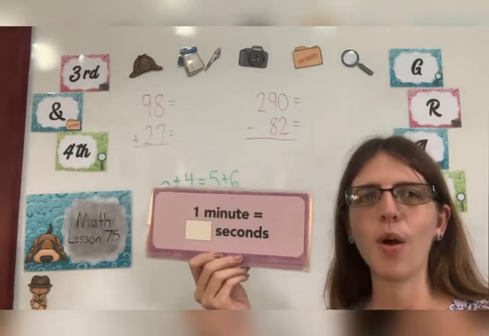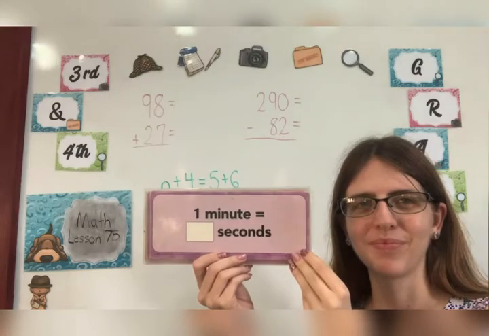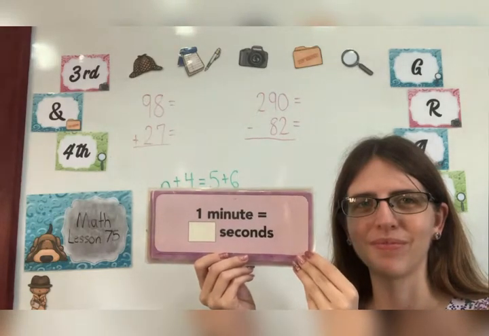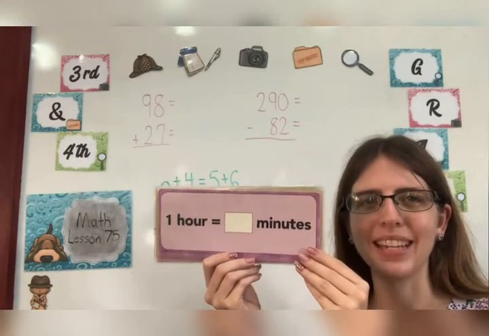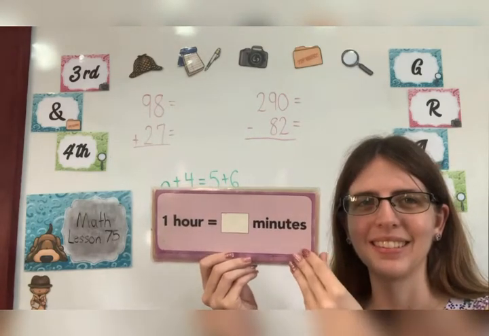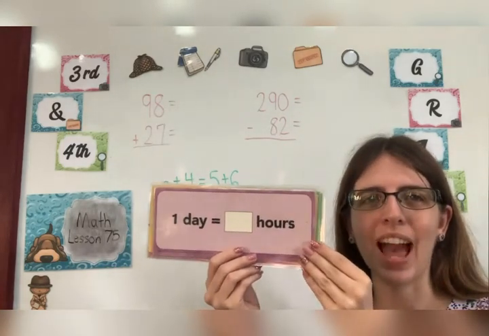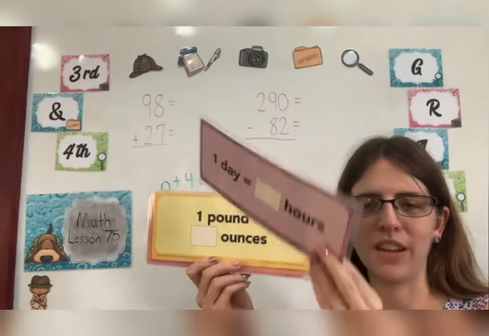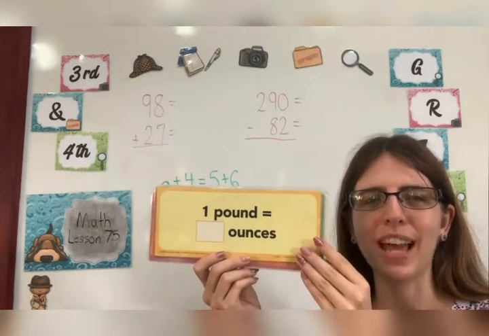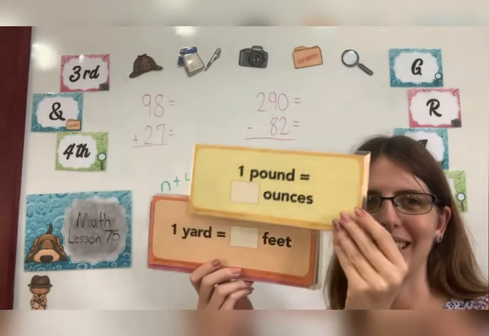7, very good. 1 minute equals how many seconds? 60, yes. 1 hour equals how many minutes? 60 minutes. 1 day equals how many hours? 24. 1 pound equals how many ounces? 16.